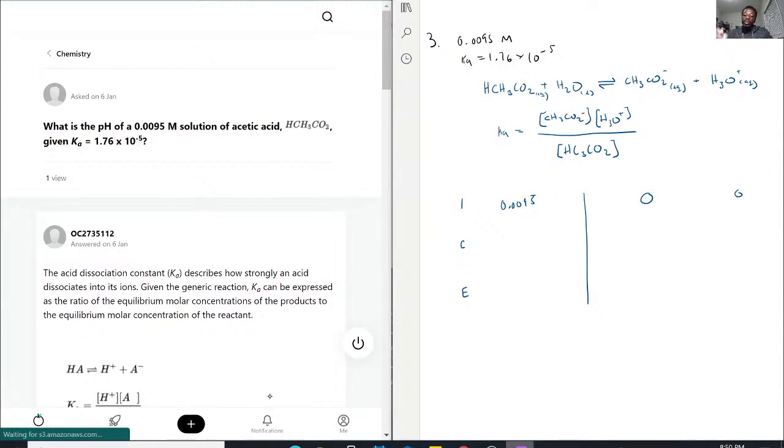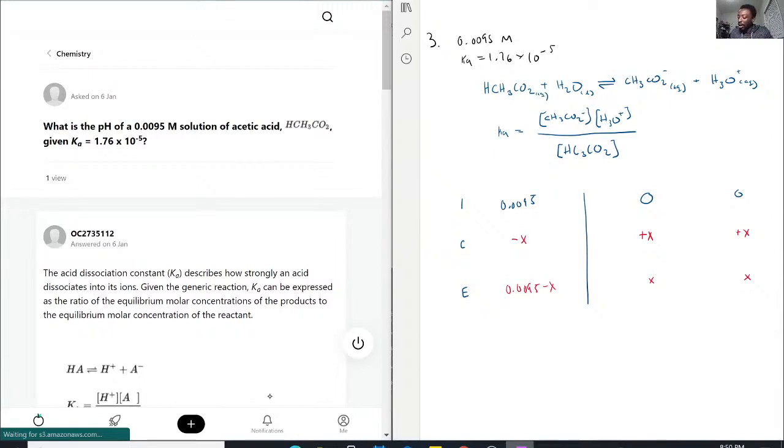The change, based on the formula above, will be that for every loss of X of the acid, these two will gain an X. So what we have here in the formula is 0.0095 minus X, and then we have just X and X here. We can actually use this and plug into our formula to figure out the Ka.